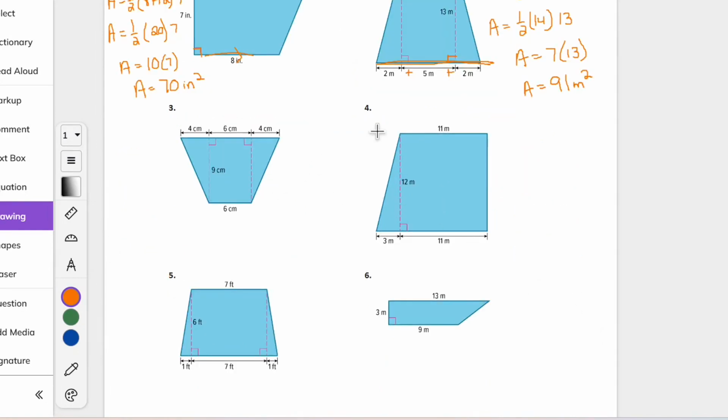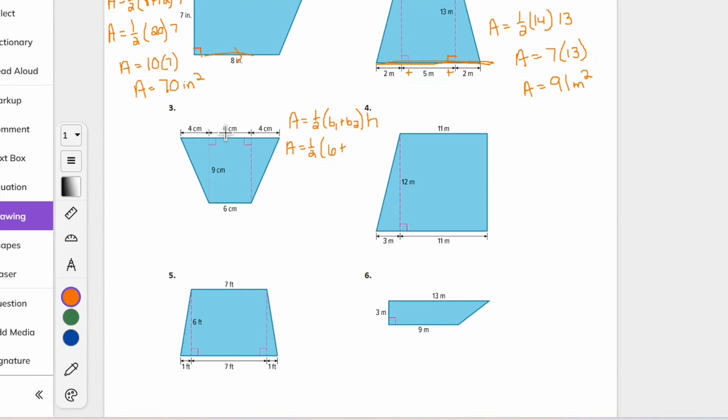Let's do a couple more together because I know this is a little bit more of a difficult thing. So area equals 1/2 base 1 plus base 2. Again, we're just substituting in for what these variables represent. So area equals 1/2 stays the same. Base 1 is 6.